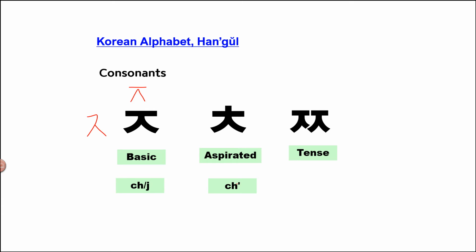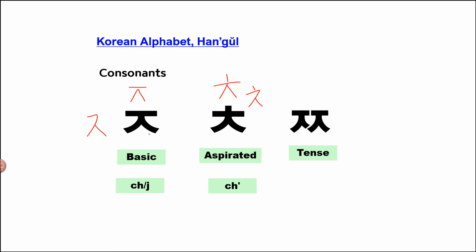Let's go over the stroke order. 1, 2, 3, 4. You may also write it this way: 1, 2, 3. Either way is fine. So let's move on to the tense sound.